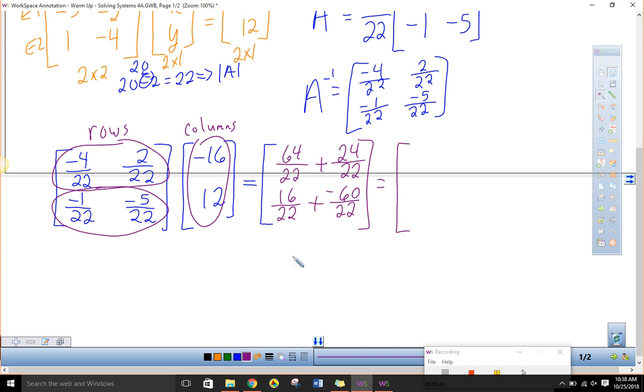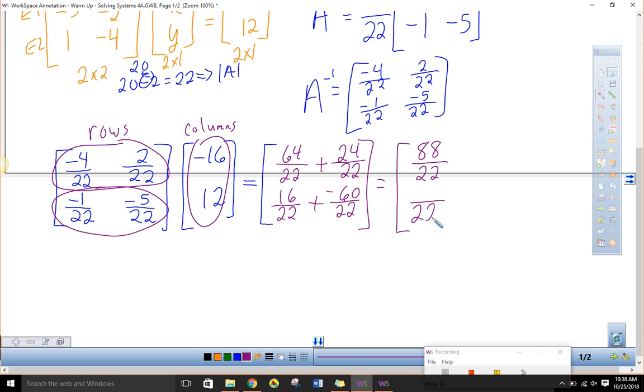If you're adding fractions, what do you need? Common denominator. That's why we don't bother simplifying, because this already gives us a common denominator. Does that make sense? Makes your life easier? And then you just have to add the tops together. So what's 64 plus 24? 88. That's going to turn out nicely. And 16 minus 60.